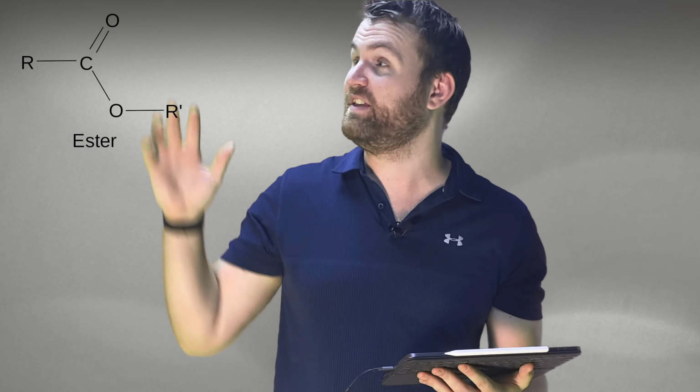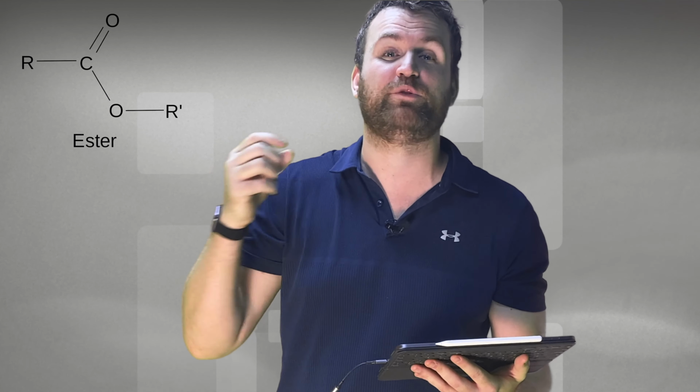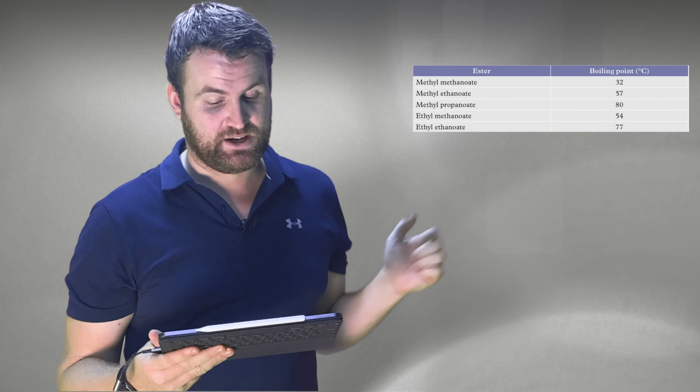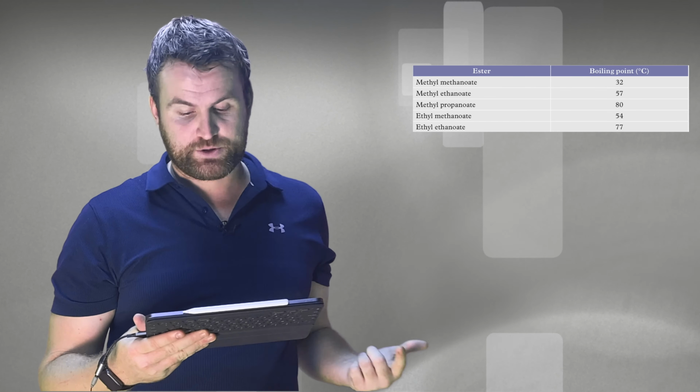But what effect do those functional groups actually have on the molecule itself? So what effect do they have on the boiling point and the melting point and all those other things I'm about to tell you? Here we see a nice table. If you look over the side here, you will see a nice table, and under it will pop up the structures as I talk about them.